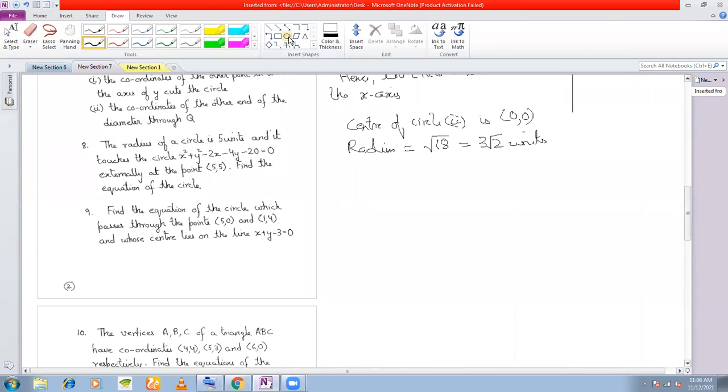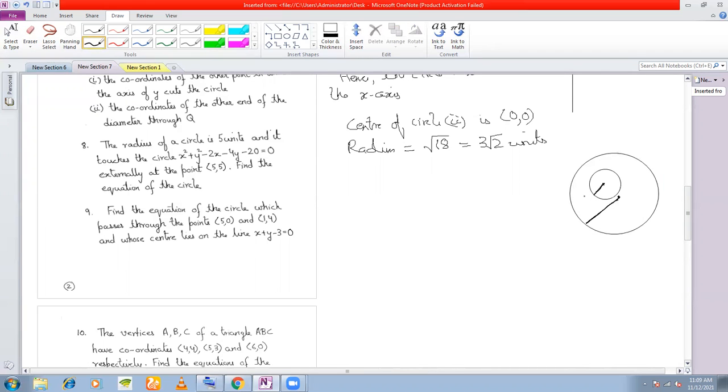If one circle is inside the other, let's say this way, it would suffice to show that the radius of this circle and the radius of the bigger circle, one radius is greater than the other, right?